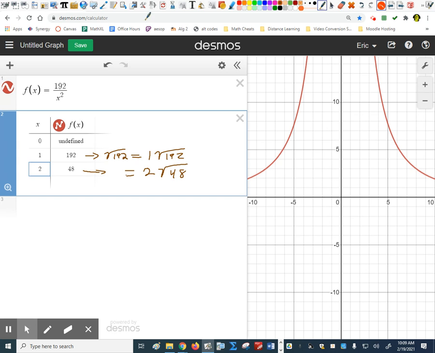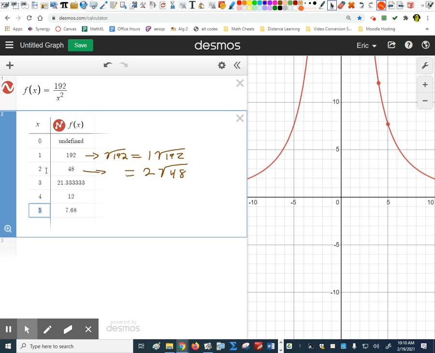So I'm just going to keep adding numbers, and Desmos does this automatically, right? So this one tells me right here, doesn't it then? This one tells me that it's equal to 4 times the square root of 12. I'm just going to go until I get an integer in the f of x column that has no perfect square factors. Okay?